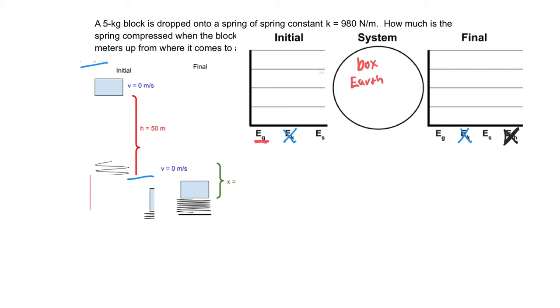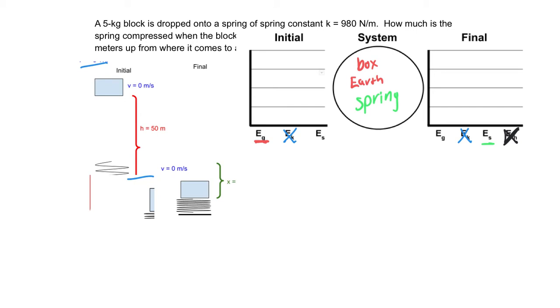And we also know that the spring stores energy at the end of the problem. So we're going to go ahead and go with the spring as part of our system because we for sure know that the spring energy is there at the end.